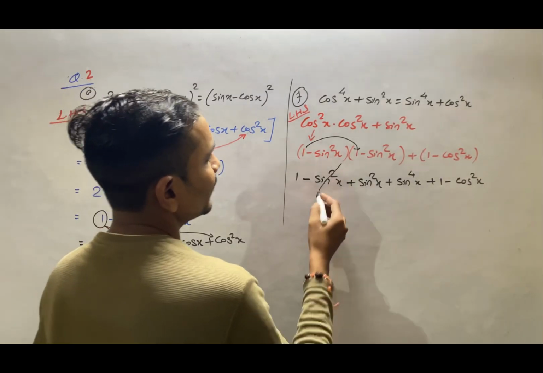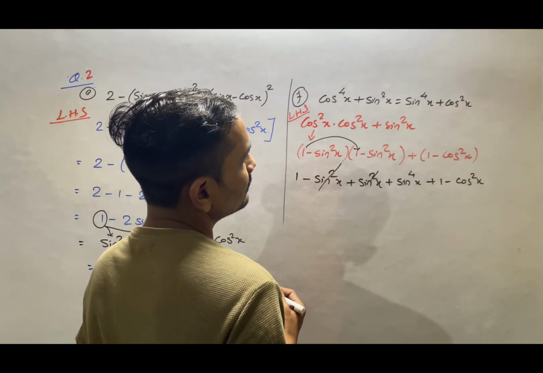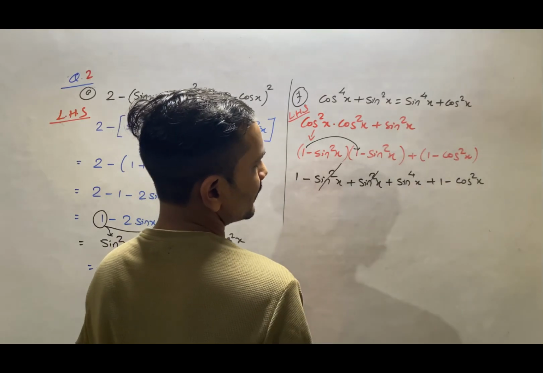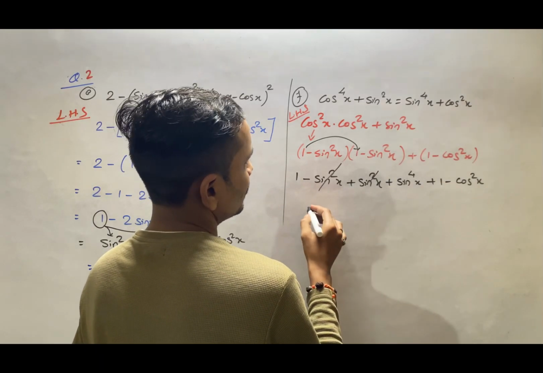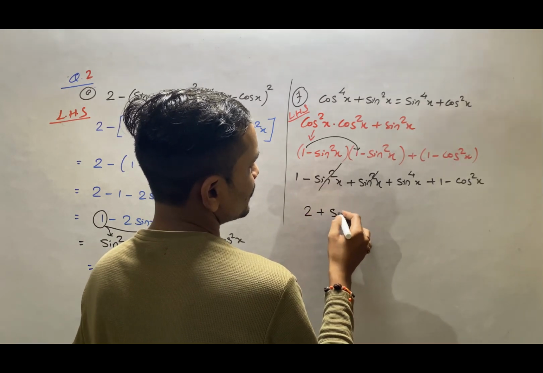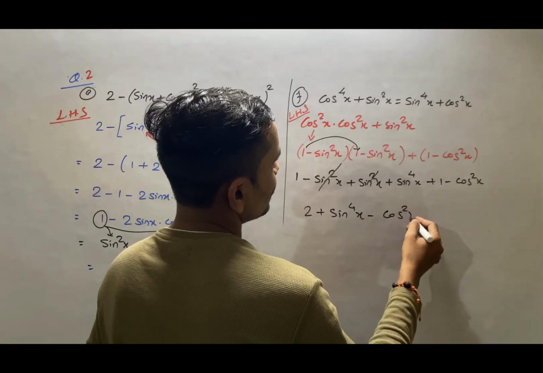So this and this will be cancelled. Plus 1 that is 2. 2 plus sine raised to 4x negative cos square x.